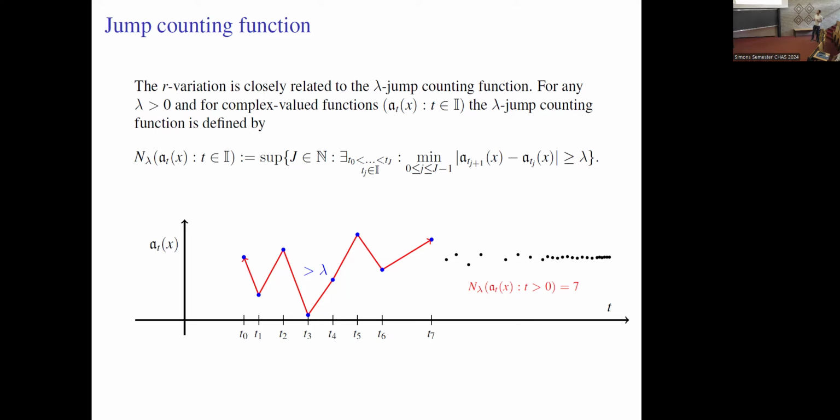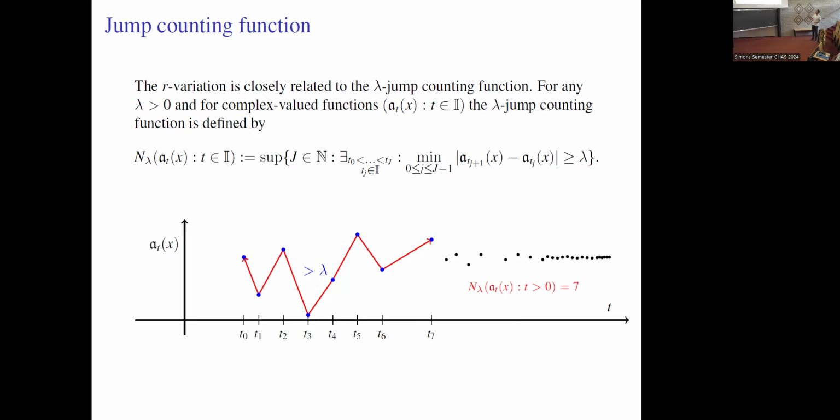So what happens here is we consider a sequence of functions, and then we introduce the lambda jump counting function. So what happens here is that we fix a number lambda, and we need to think how many jumps we have of height lambda.